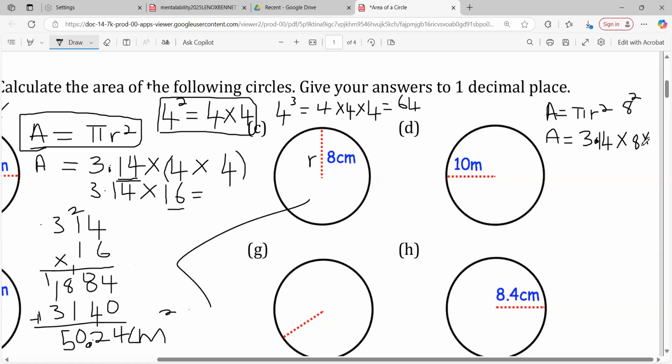Even today, someone will do it. Even though I'm talking about it now, someone's still going to do it. It's the most common error, guys. Students will put 8 squared as 8 times 2. All right, so now we multiply 8 times 8. That's just a simple way that we come up with. Multiply the natural number first, and then we do it by the decimal. So 3.14. What's 8 times 8?